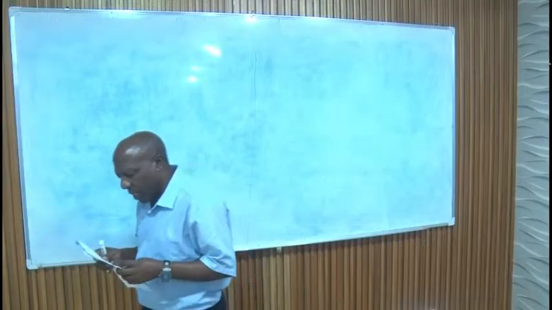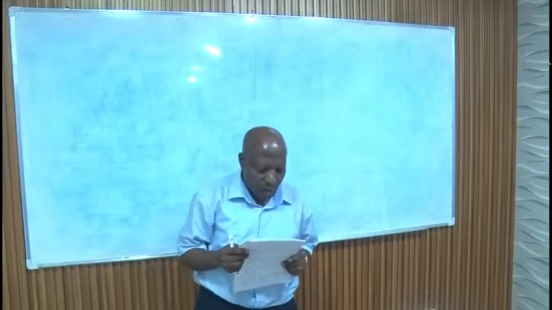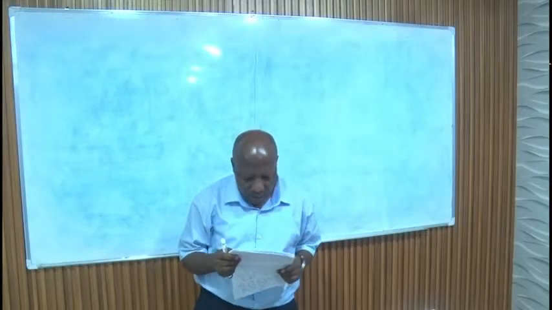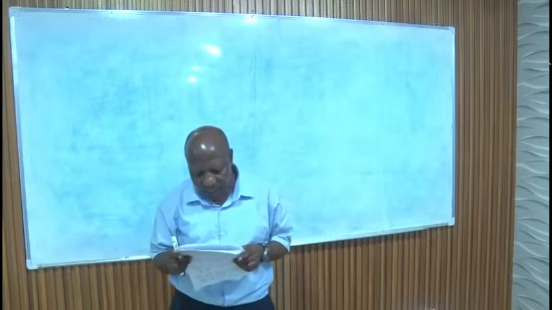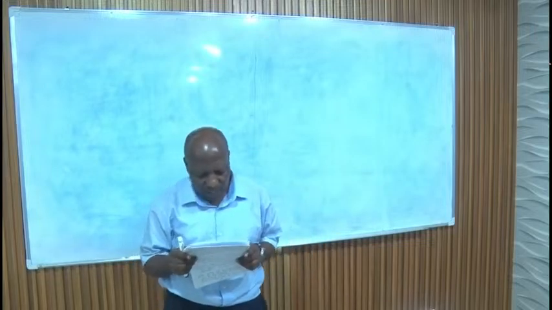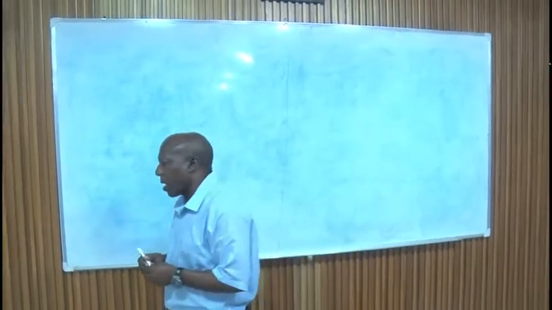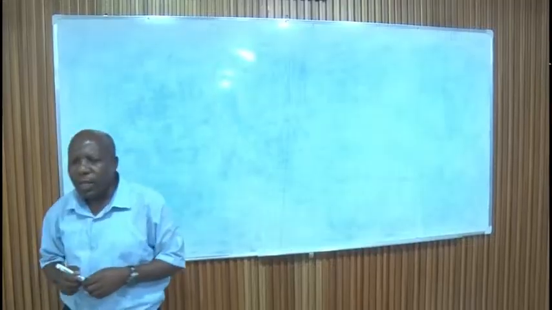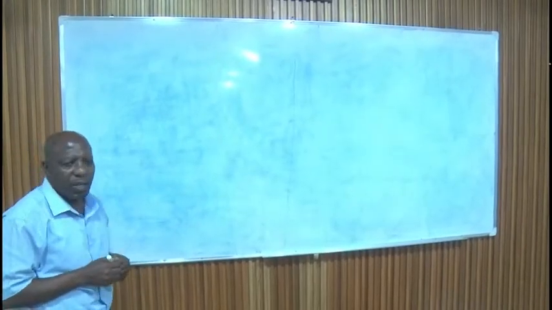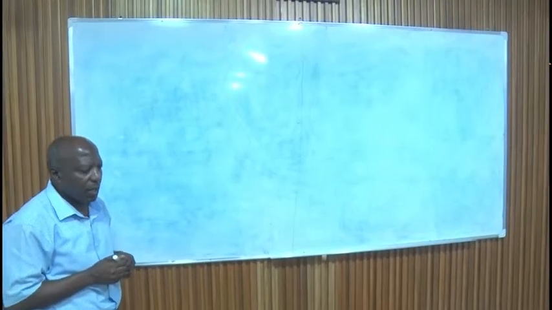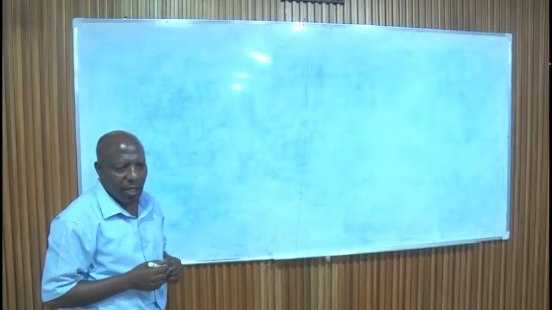Now the first question, question 1A, says: why does the hydrogen spectrum have a large number of lines even though the hydrogen atom has only one electron? Every element has energy levels.